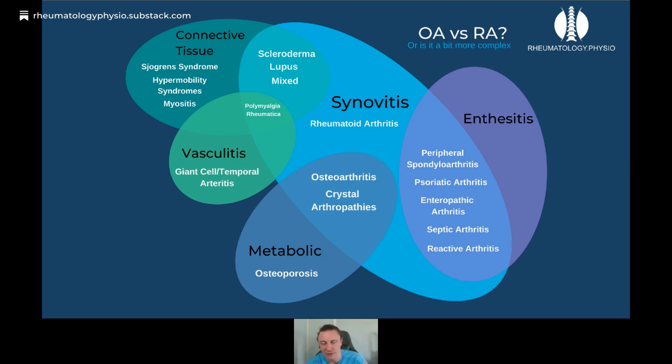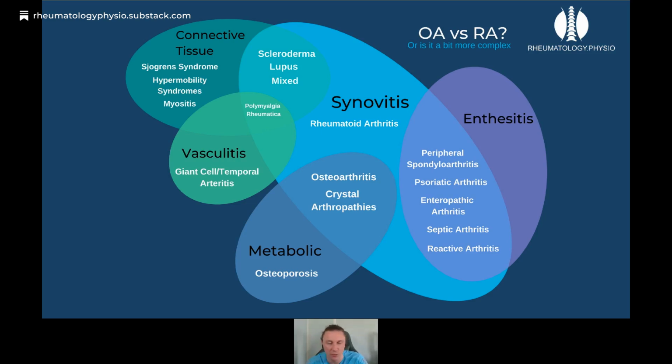But even conditions like osteoarthritis and gout, the crystal arthropathies, cause low-grade or high-grade synovitis, which is the main symptom driver in rheumatoid arthritis. If you look at the connective tissue disorders like lupus, scleroderma, mixed connective tissue disorder, their primary musculoskeletal manifestation would be synovitis, very similar looking to rheumatoid arthritis.